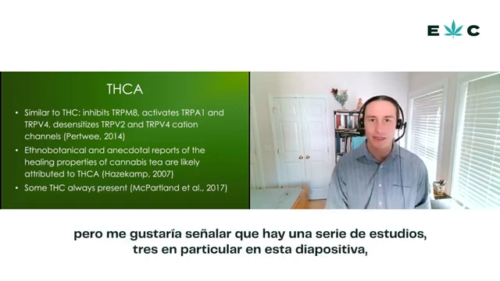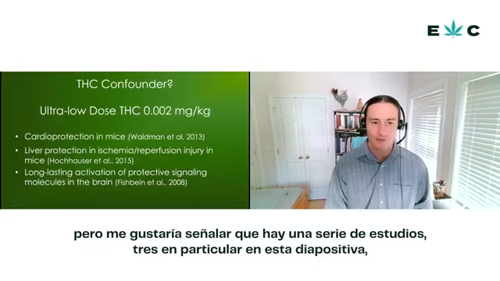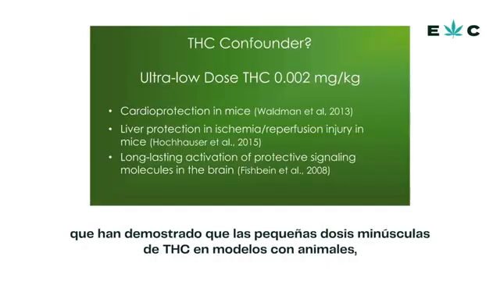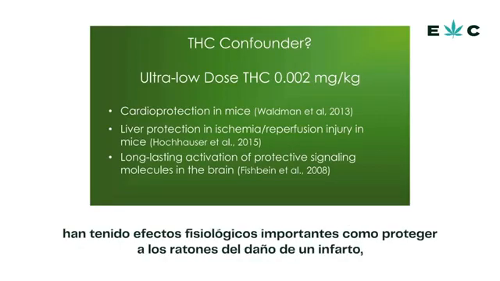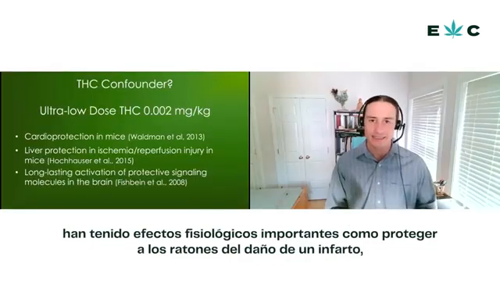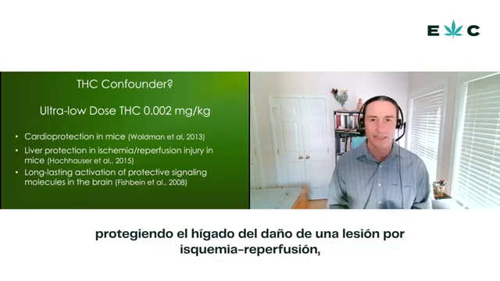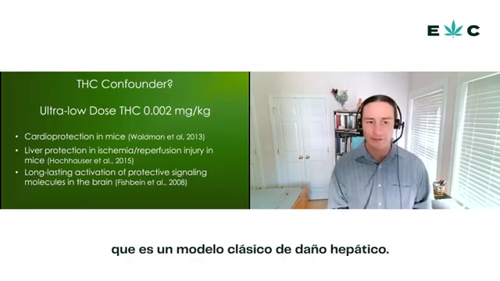But I like to point out that there are a number of studies, 3 in particular on this slide, that have shown that tiny, tiny doses of THC in animal models have been able to have important physiologic effects, like protecting mice against the damage of a heart attack, protecting the liver in mice against the damage of an ischemia reperfusion injury, which is a classic model of liver injury.